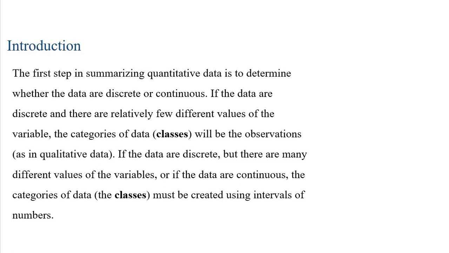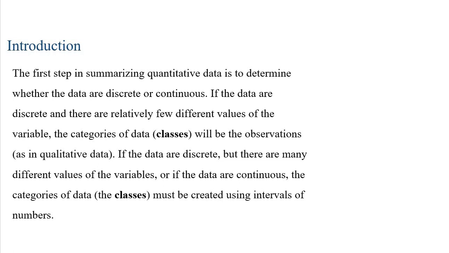The first step in summarizing quantitative data is to determine whether the data are discrete or continuous. If the data are discrete, there are relatively few different values of the variable. The categories of data, which we call classes, will be the observations themselves.